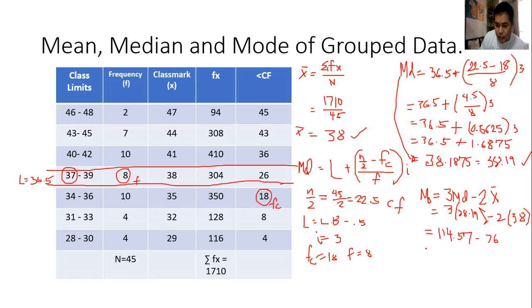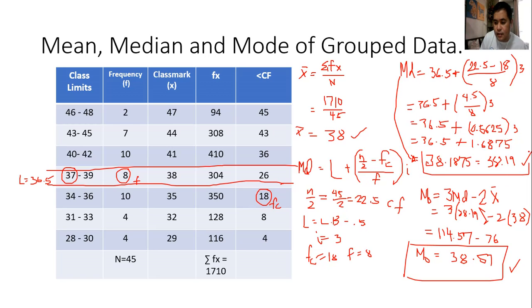Subtracting these two numbers, your mode now is equal to 38.57. Okay, so we have now this mode, the mode, we have your median.